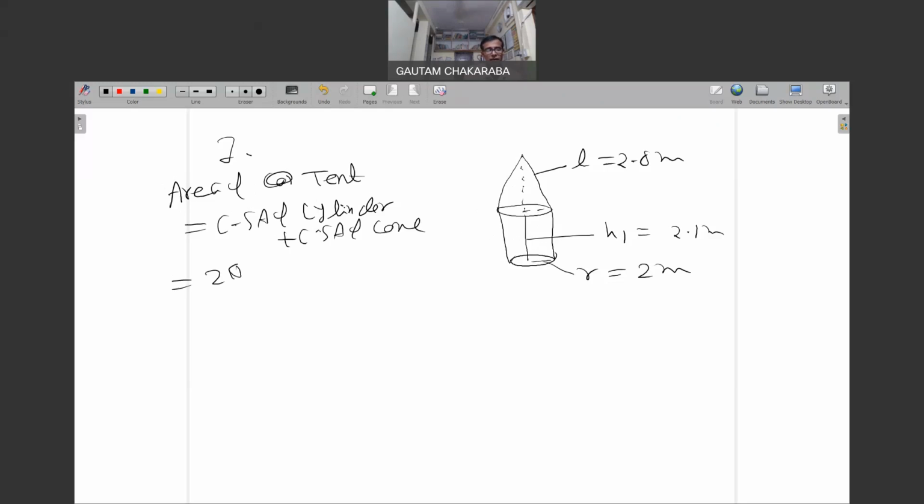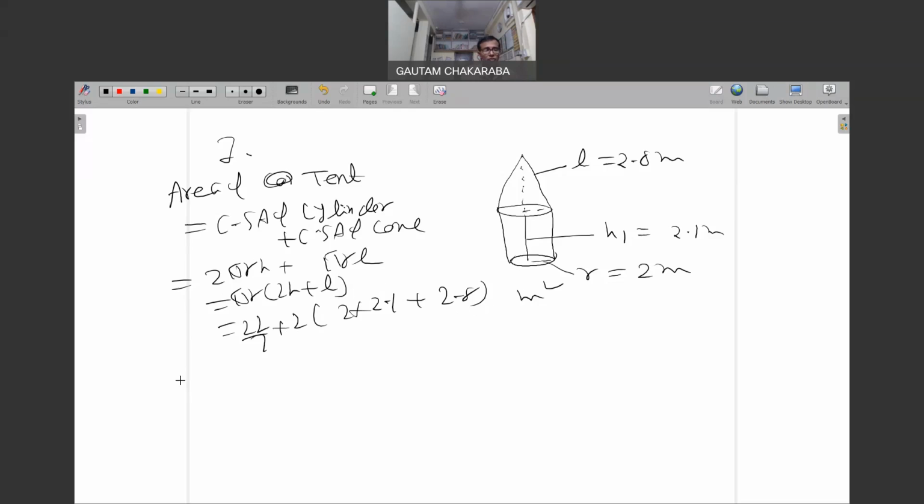Cylinder 2 pi RH and cone pi RL, pi R common, 2H plus L. This is the CSA. Now you put the value here. 22 by 7, R is 2, H means height of the cylinder is 2.1 and L is 2.8. Unit is meter square.